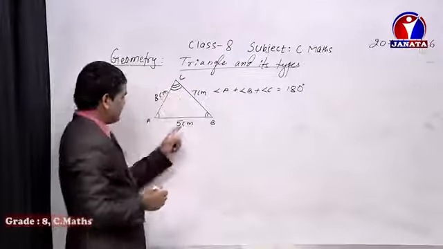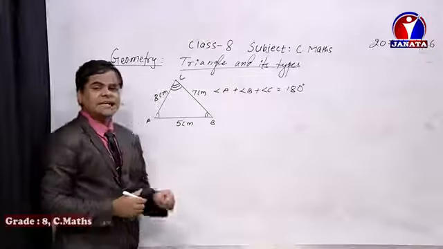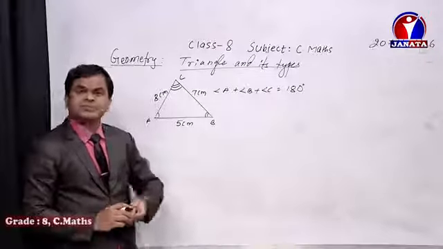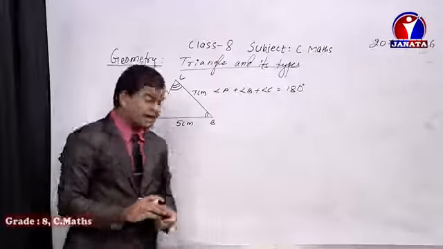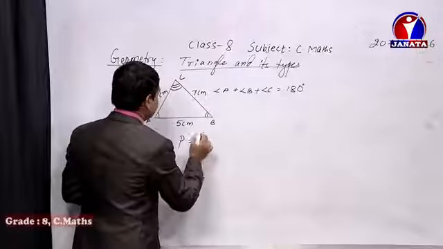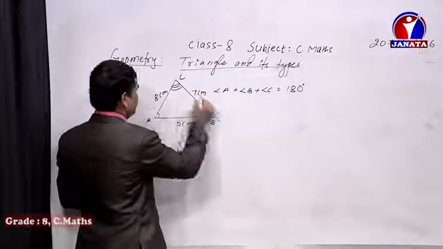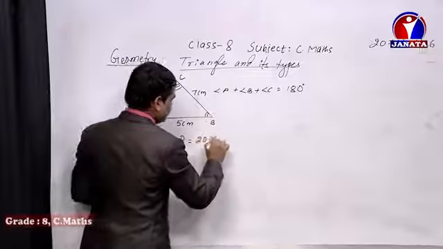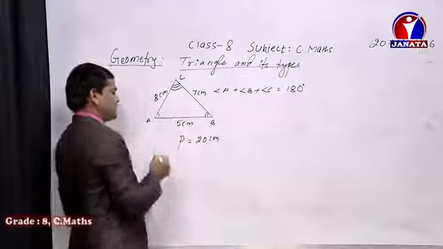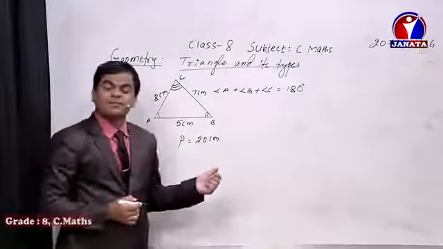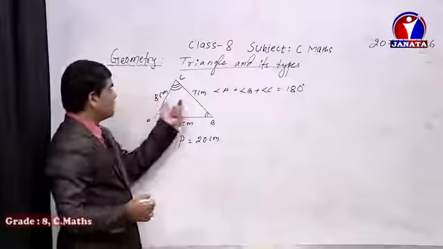If we add all together the sides, the sum of the three sides is known as the perimeter. What is the measurement if you add all together? 8 plus 7, 15, 15 plus 5, 20 centimeter, isn't it? So it's the perimeter of this triangle.